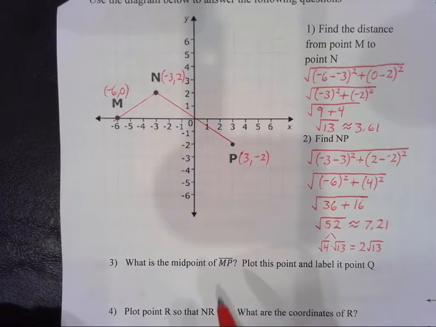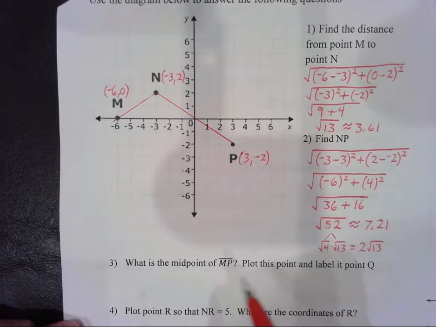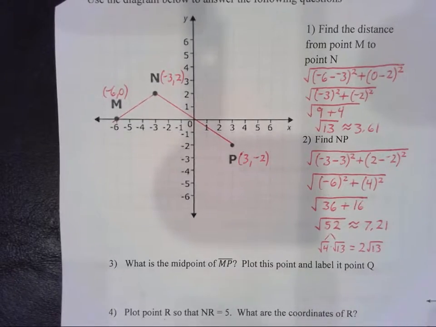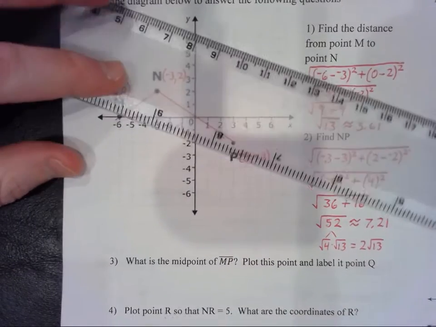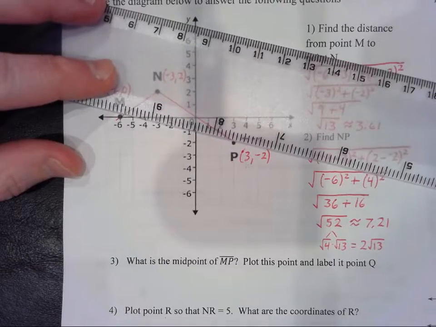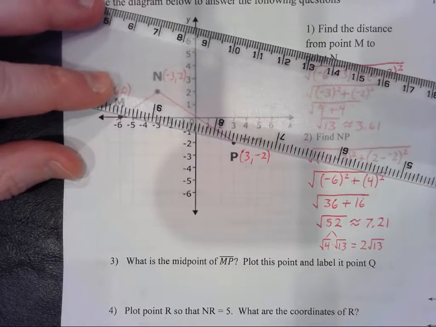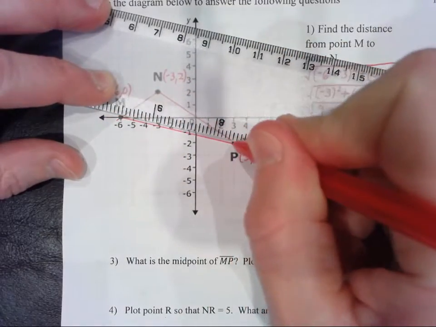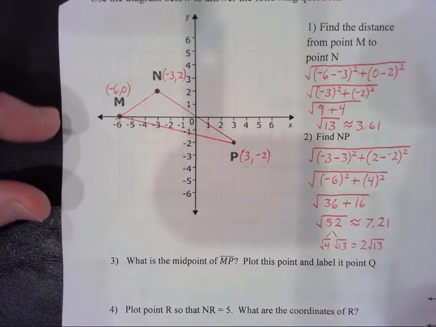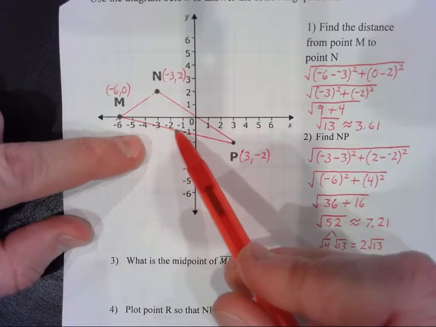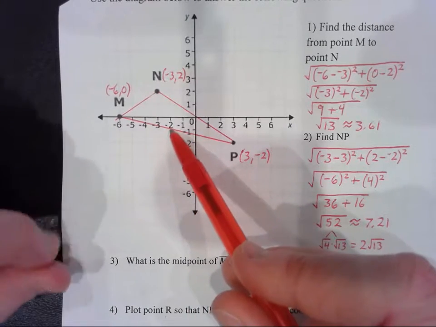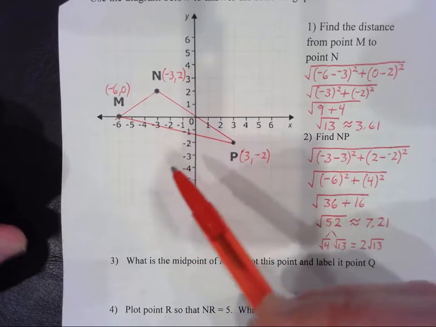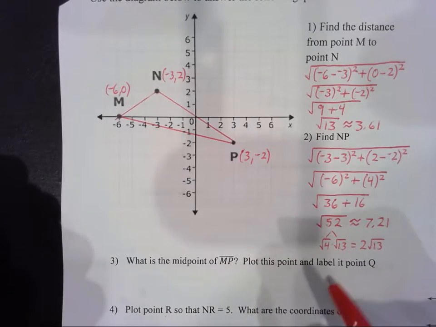So the midpoint of MP, so again I'm going to use my ruler here, and just to see, MP, so I need what's about halfway across, somewhere around -2, -1. But let's use the midpoint formula.